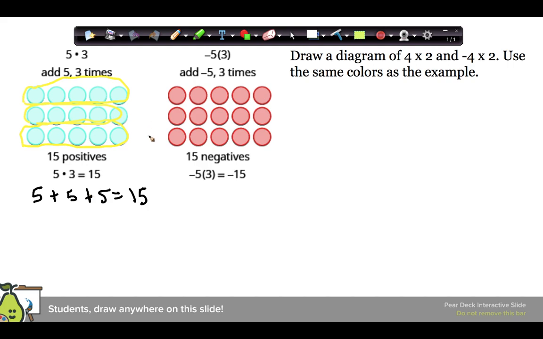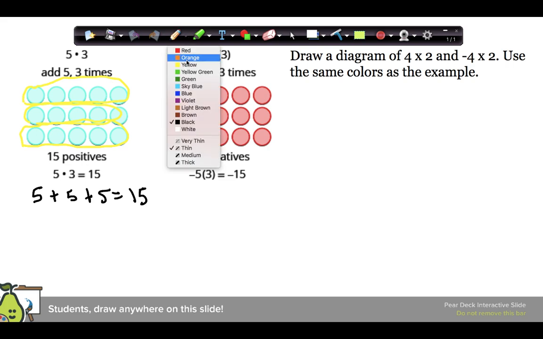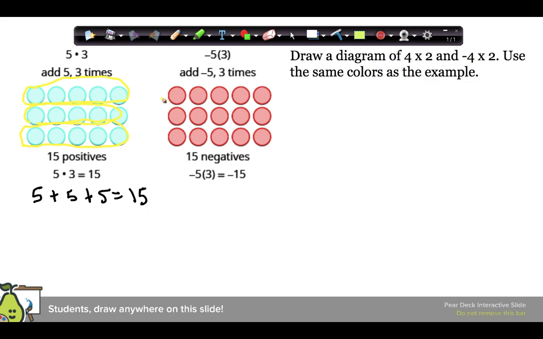Then if we think about the negatives, this can become 3 groups of negative 5. So here's one group of negative 5, and here's a second group of negative 5, and a third group. So we have 15 negatives altogether. That's like negative 5 plus a negative 5 plus a negative 5.